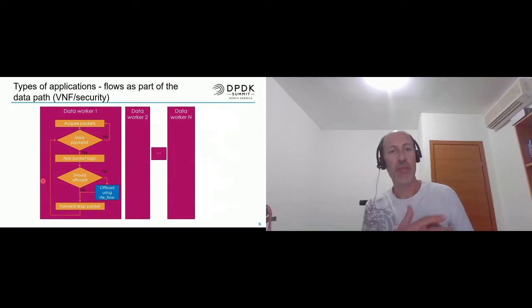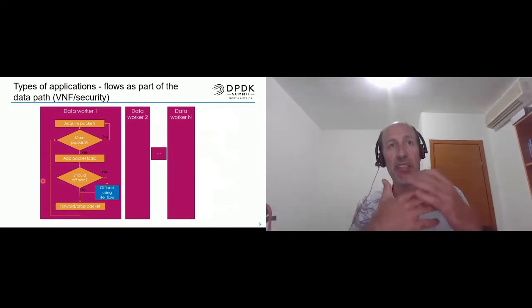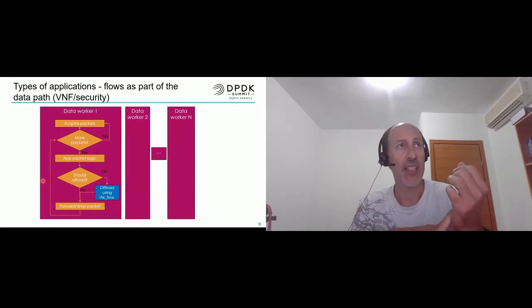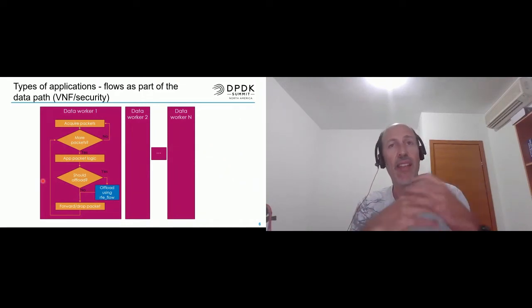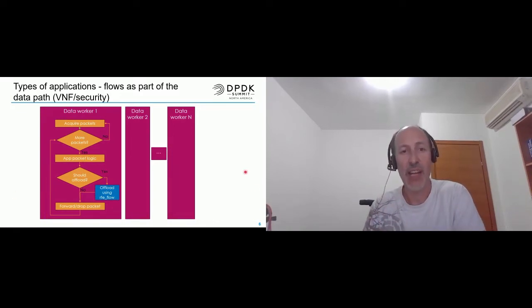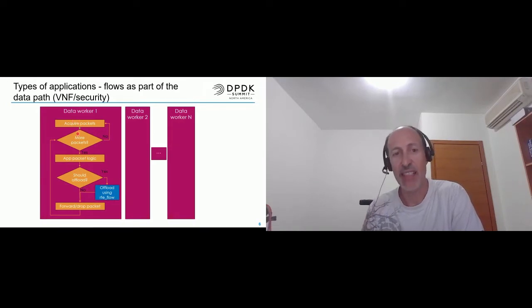As more and more applications started using the RTE flow, we got different kinds of applications, for example, a 5G application or a security application. Their mode of operation is a bit different. They basically have only data workers. Just like in the OVS case, they're acquiring the packets, they have application logic, and they decide if the flow should be offloaded.